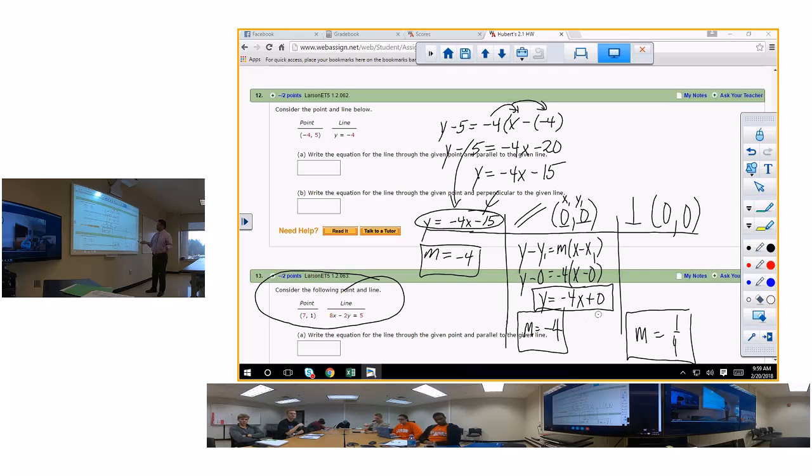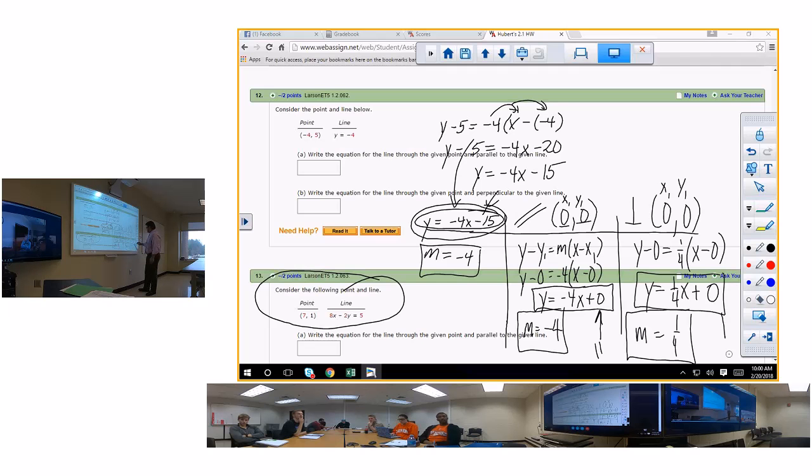So this line right here is parallel to this line right here, because it has different y-intercepts, same slope. This one: y minus 0 is equal to 1/4 times x minus 0. y is equal to 1/4 x plus 0. And this line is perpendicular to this line.